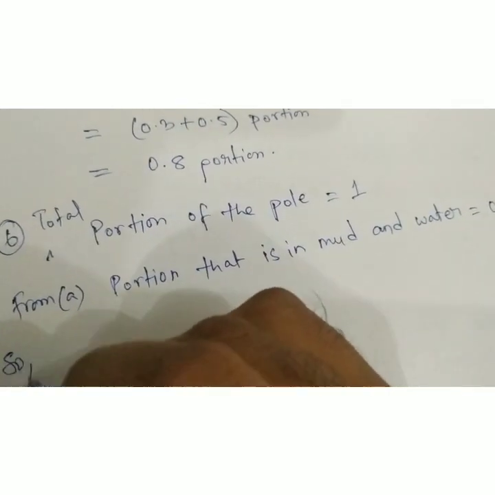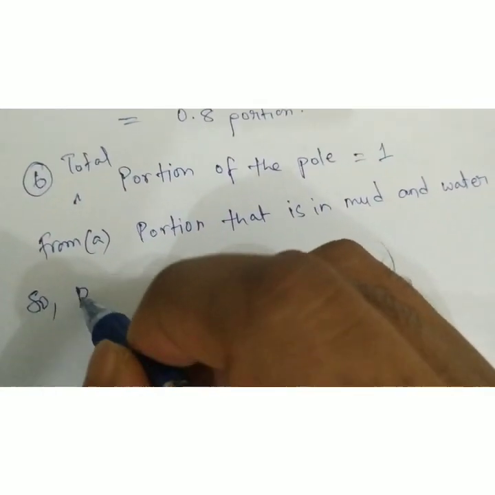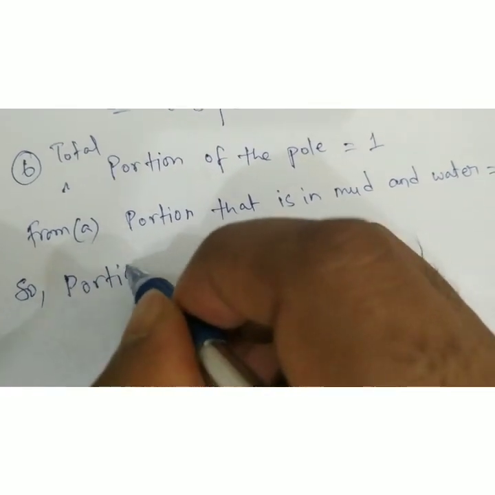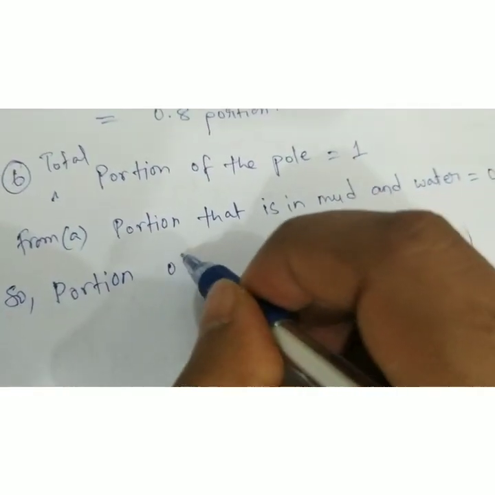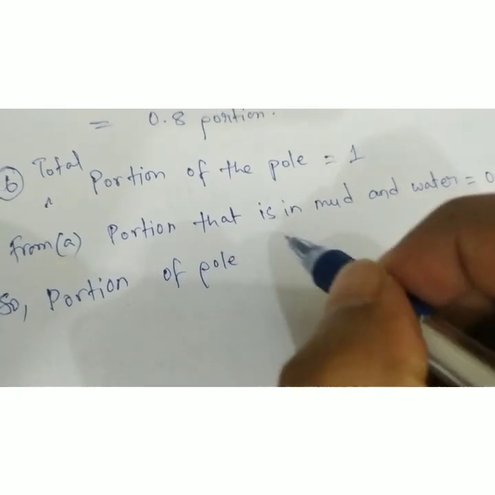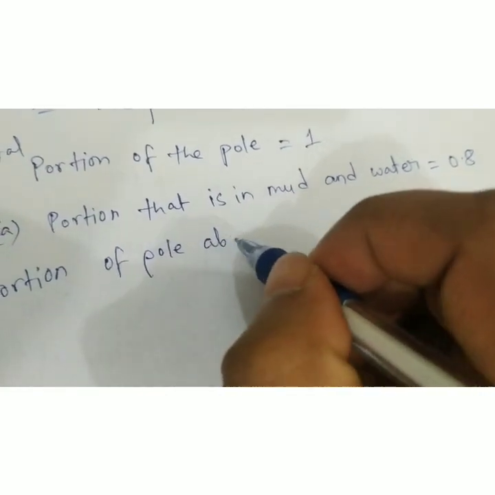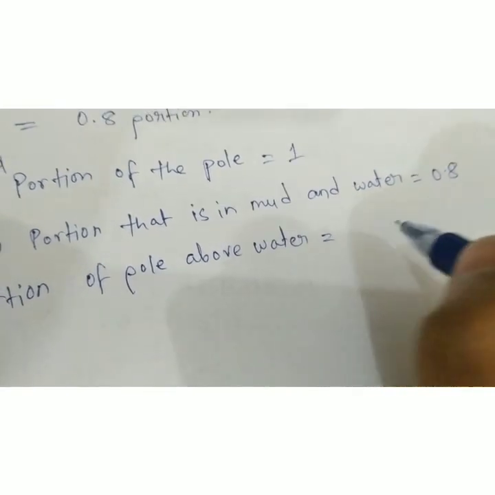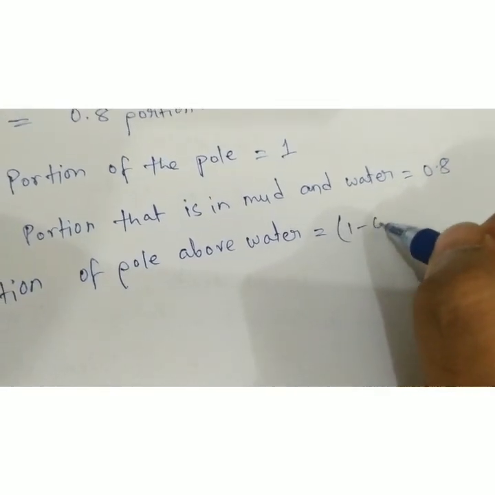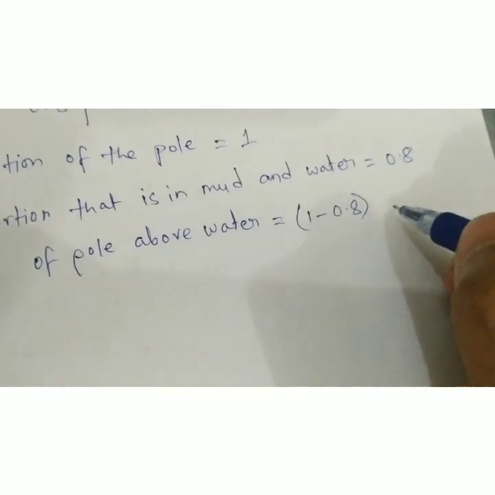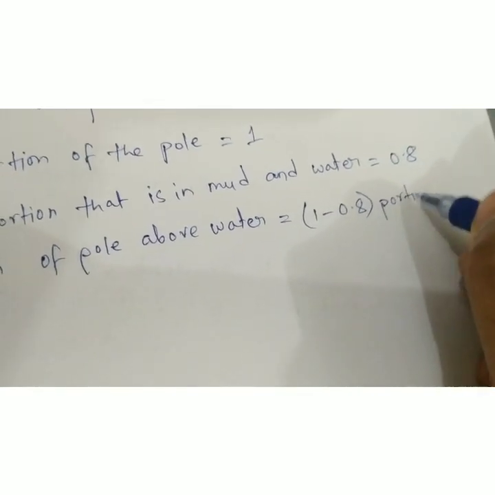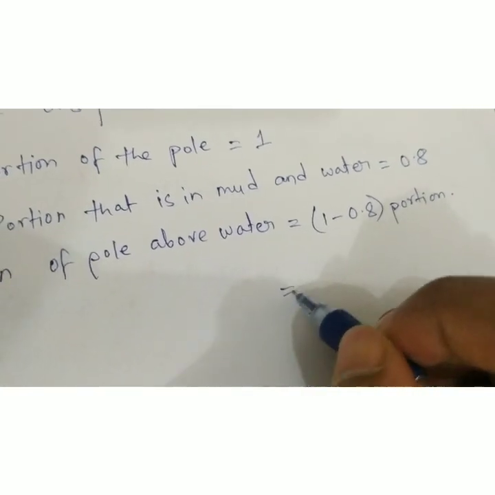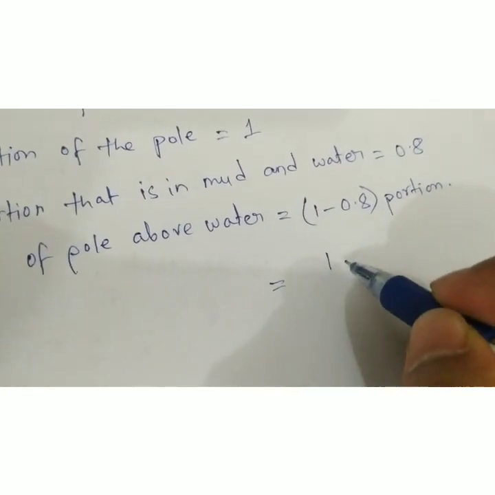So portion of pole above water equals 1 minus 0.8 portion. So if we subtract, we can write 1.